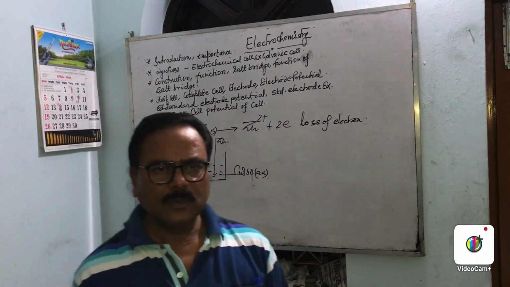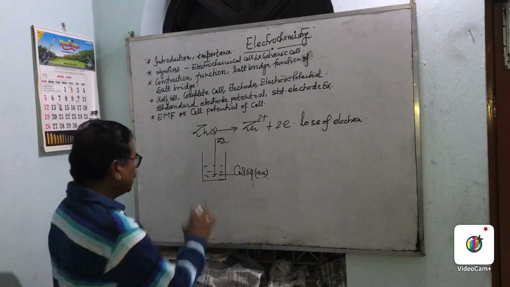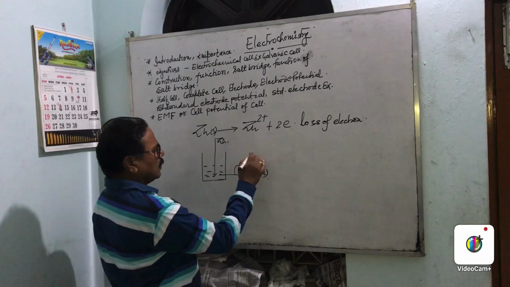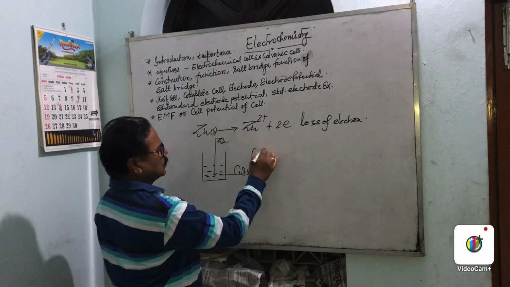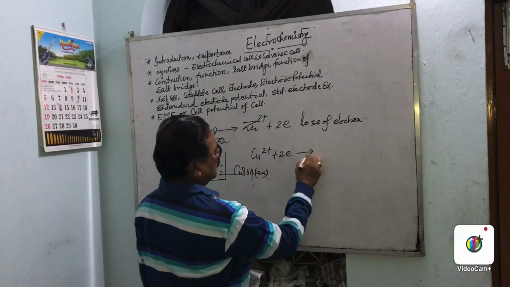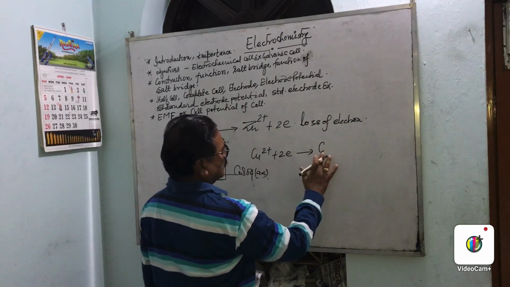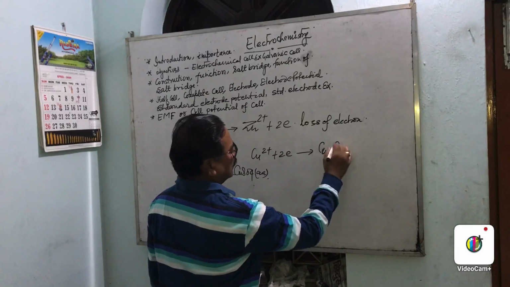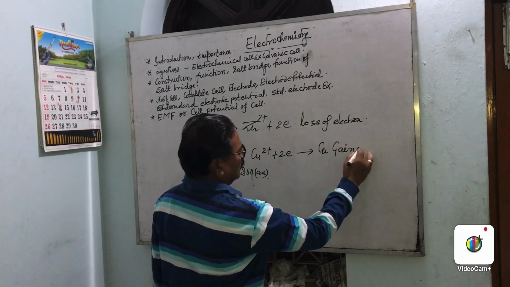Now, this energy is liberated, and there is another reaction that happens, and this is called gain of electrons, and it is ultimately converted to copper.